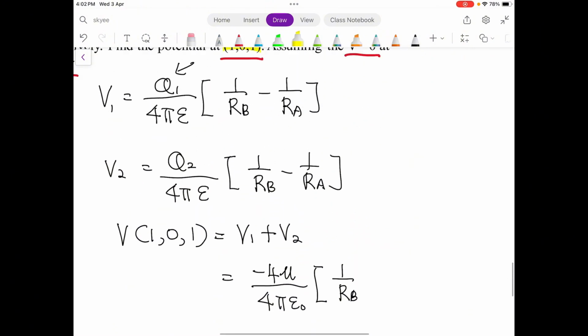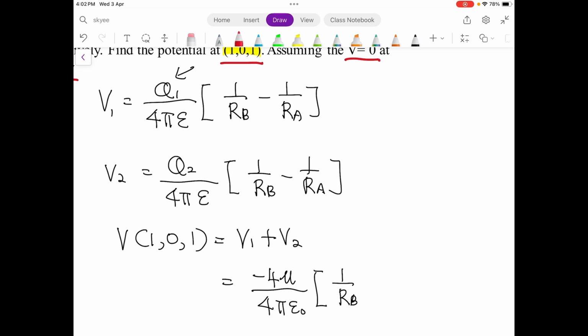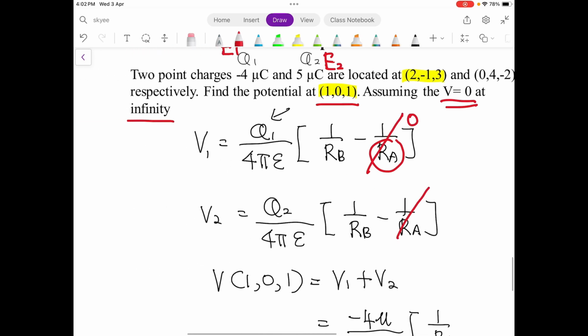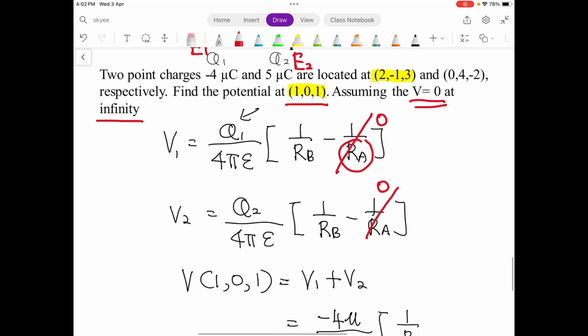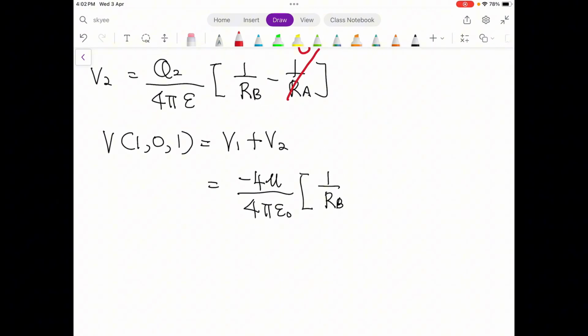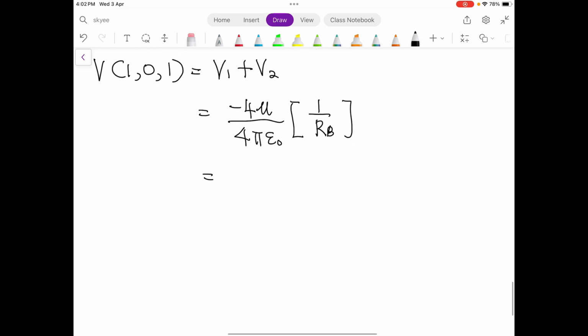So for the RA over here, it will be equal to 0 because it is already stated that at infinity it will be 0. So these two, they will be 0. So we just focus on looking at the RB. You can find it by putting in the values.